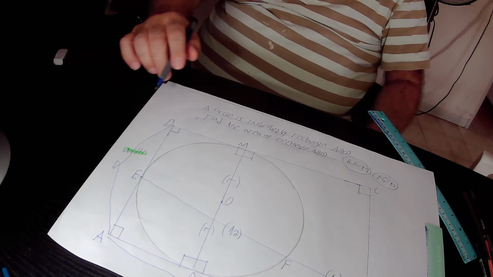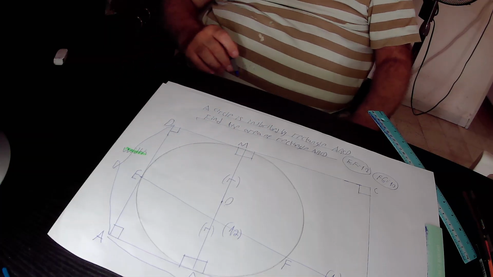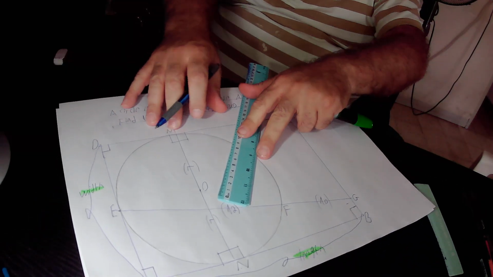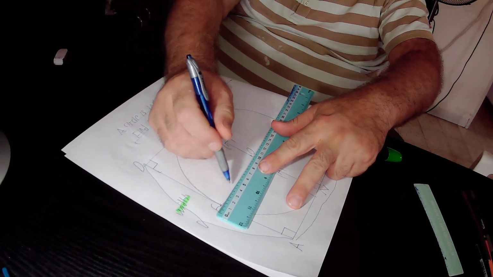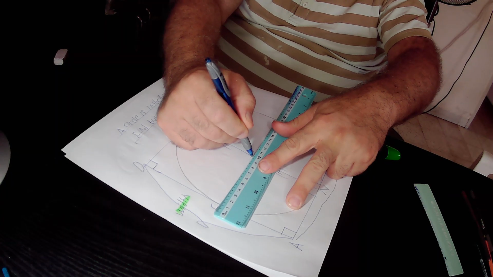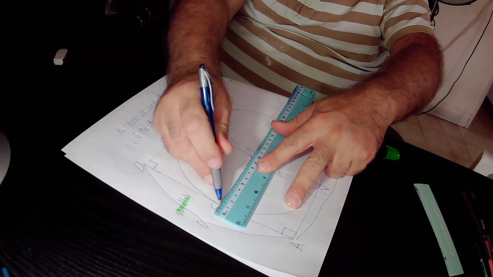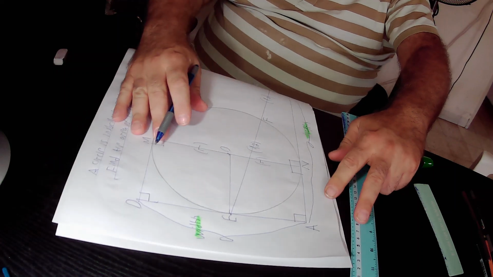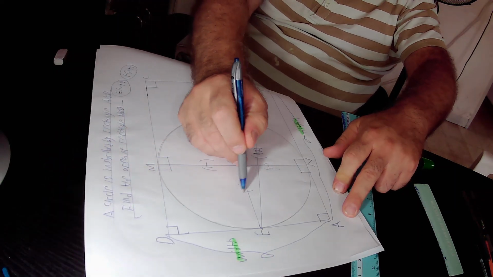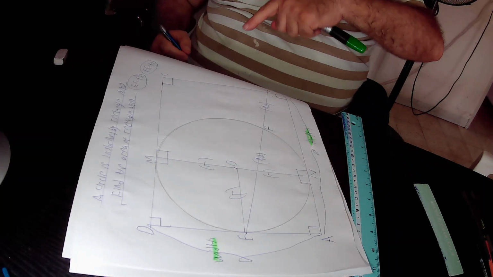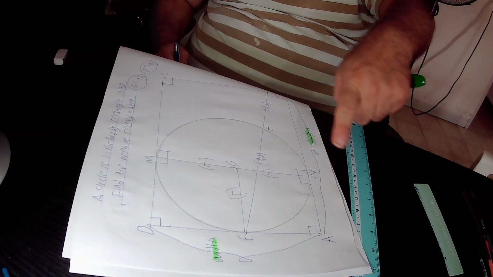In the next step, we join points O and E together by a straight line. OE is of course the radius of this circle that is equal to R. The radius OE is drawn to point E, that is the point of tangency of tangent DA with this circle.